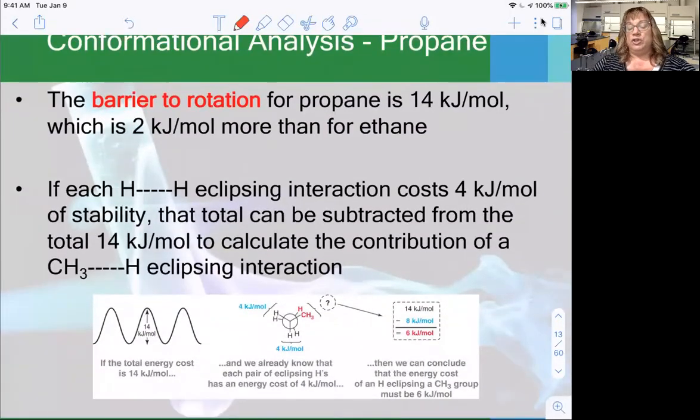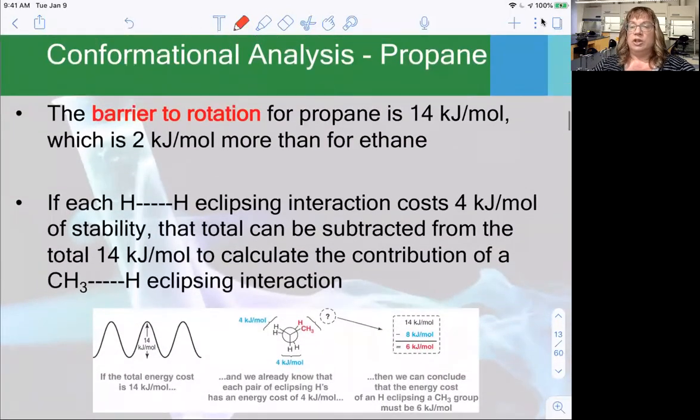So the barrier to rotation, to go from the staggered to the eclipsed, is 14 kilojoules per mole. That's 2 kilojoules per mole more than what we saw before, but you can explain it because I have hydrogen and methyl group, which is actually 6 kilojoules per mole.